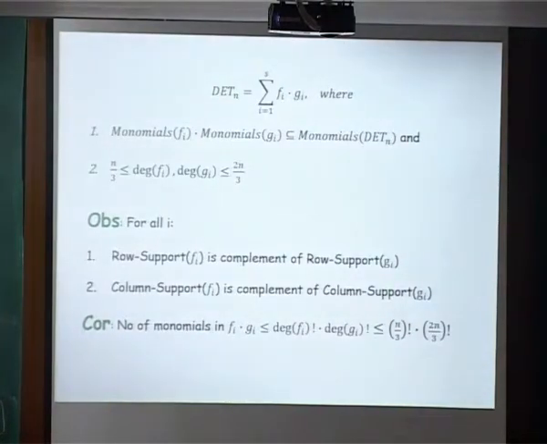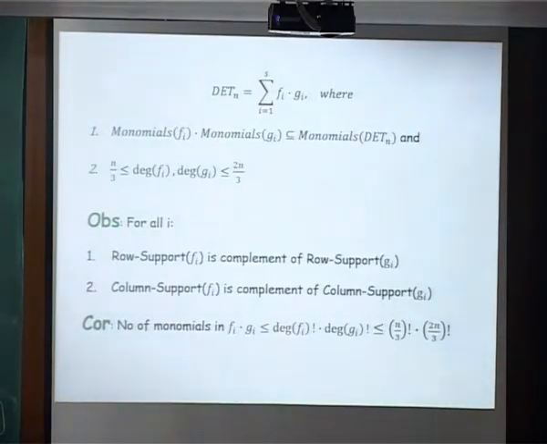So each monomial in Fi corresponds to a permutation over the submatrix that it touches. Similarly for Gi, and the submatrix that Fi touches must have size between n by 3 and 2n by 3.